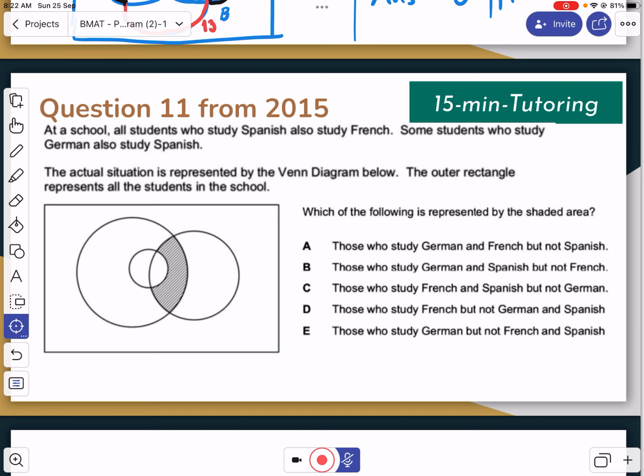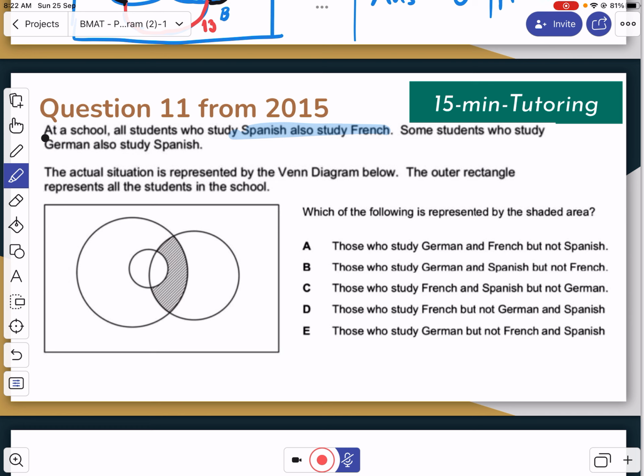So this question reads, at a school, all students who study Spanish also study French. And then we have some students who study German also study Spanish. Okay, so the second piece of information is not as useful as the all students who are taking Spanish also take French.